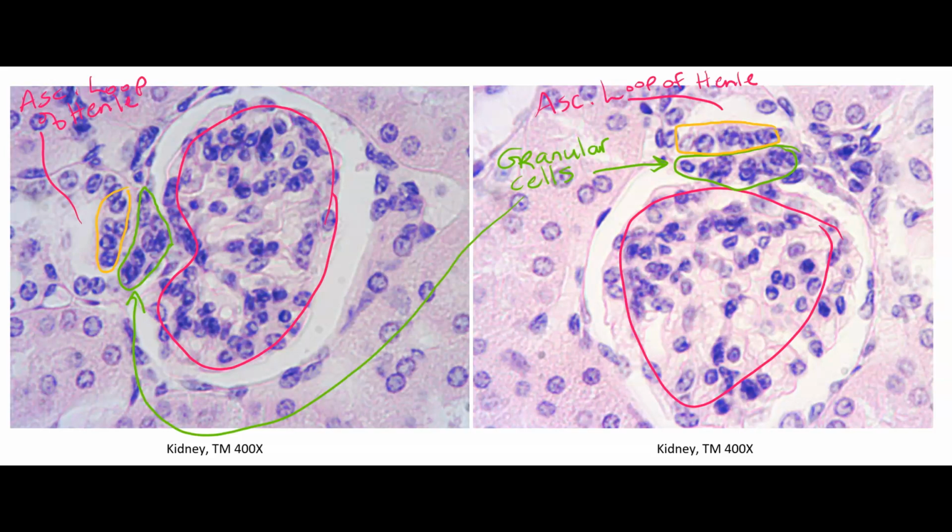And if they detect problems in sodium content that would indicate we need to elevate blood pressure or GFR, they tell the granular cells to release renin so that we can do that. We can create that cascade of events that will actually make that happen.